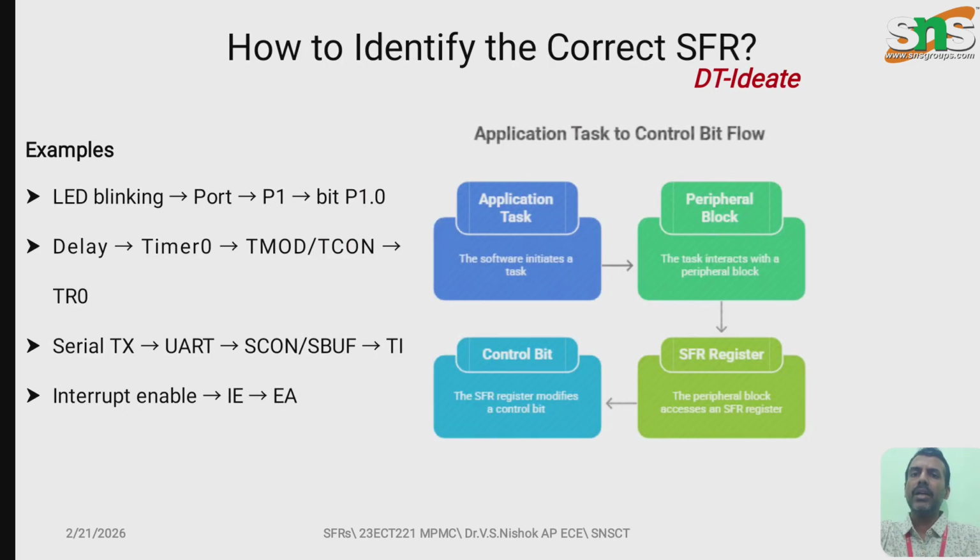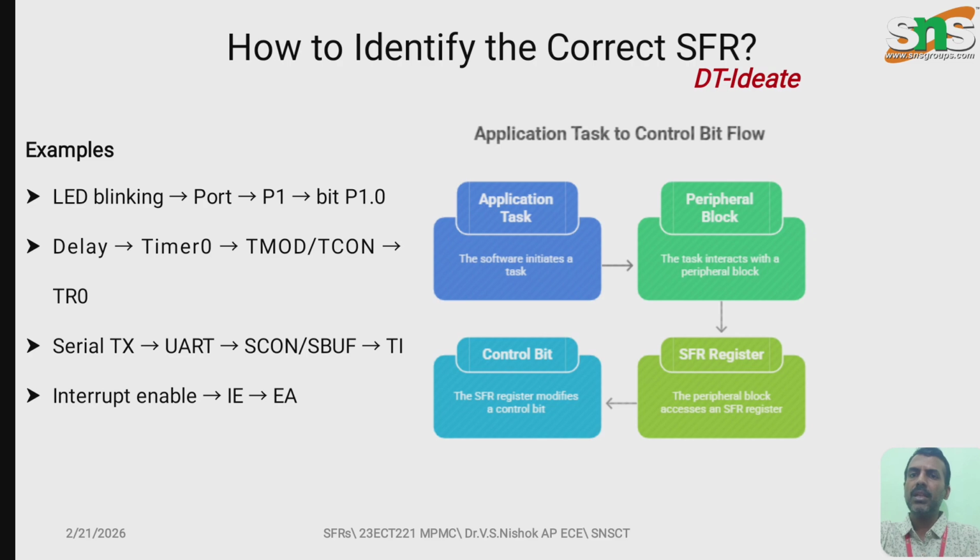So how do we identify the correct SFR? We have several examples like LED blinking, delay, serial communication and interrupt enable. For LED blinking, the right choice is port P1, in which the P1.0 pin should be chosen.